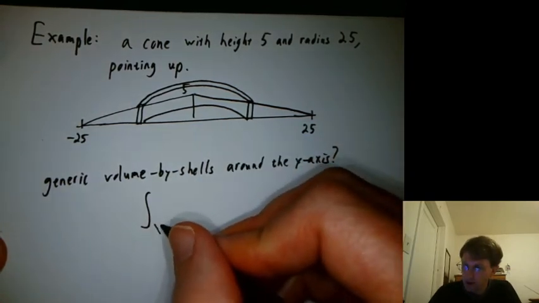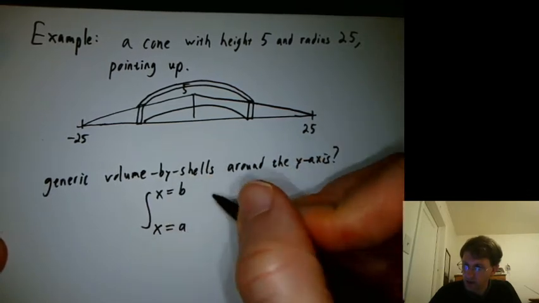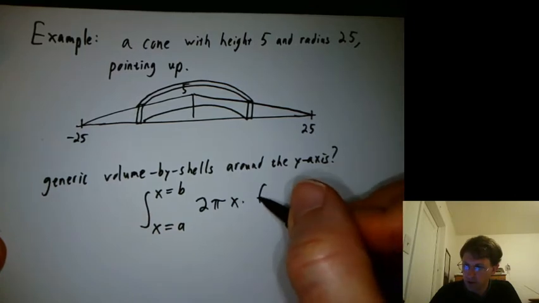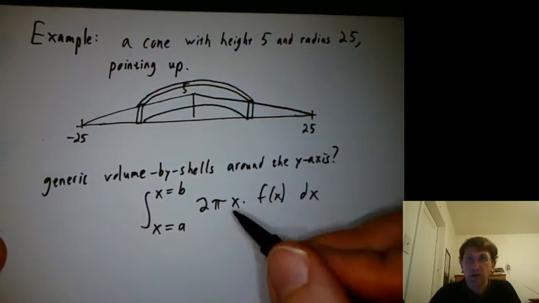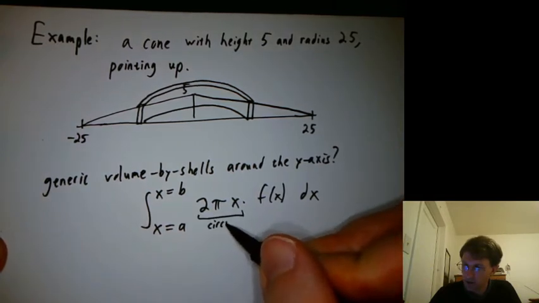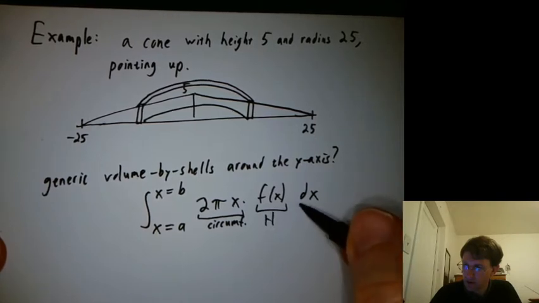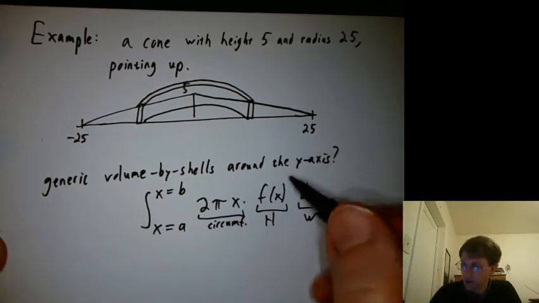That's the integral from x equals a to x equals b of 2 pi x times f of x dx. And remember the interpretation: 2 pi x is the circumference, f of x is the height, and dx is the width of the shell.